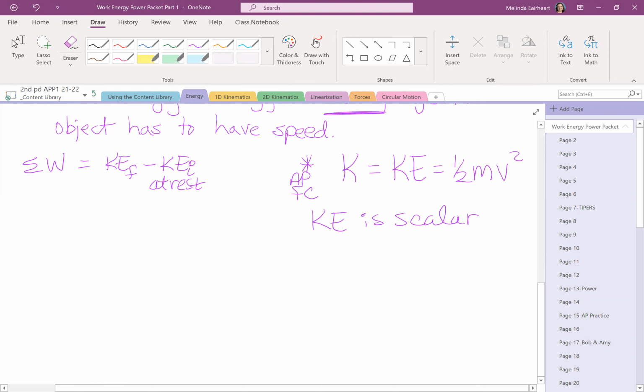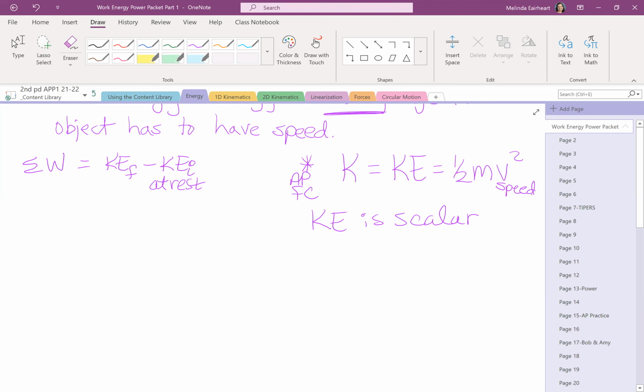So does kinetic energy care if I'm moving right or left? No, that v is actually just a speed in this equation. Even if you said, oh, I'm moving to the left at -2 meters per second, what are you going to do to that -2? You're going to square it.